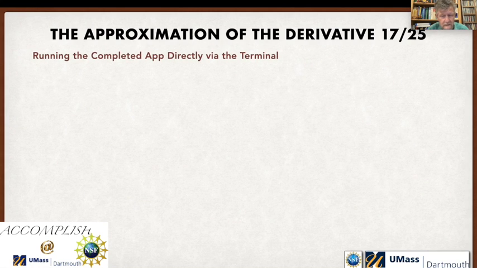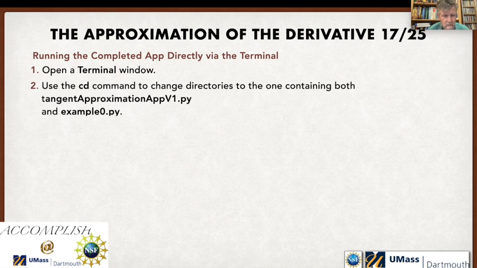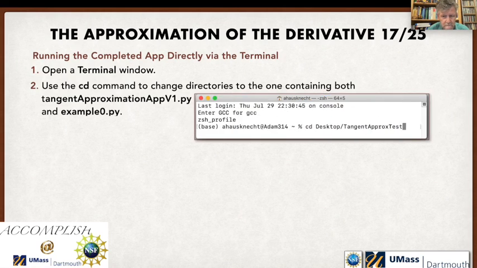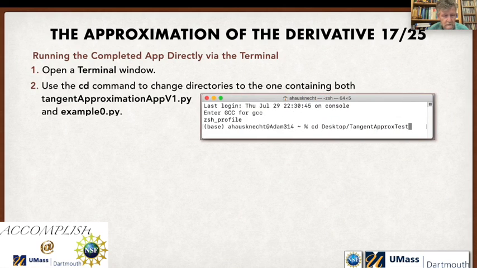Now you can actually run example 0 directly from the terminal window if you want to, rather than using Spyder. Again, you have to have the tangent approximation app v1.py and example 0.py in the same directory along with your completed library.